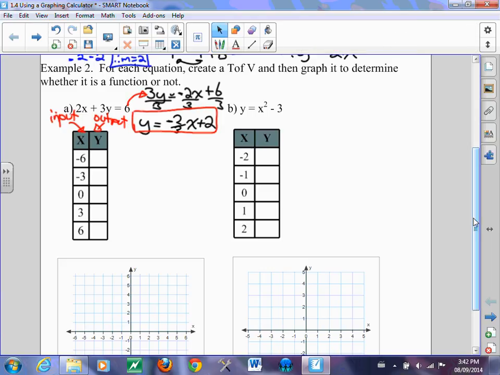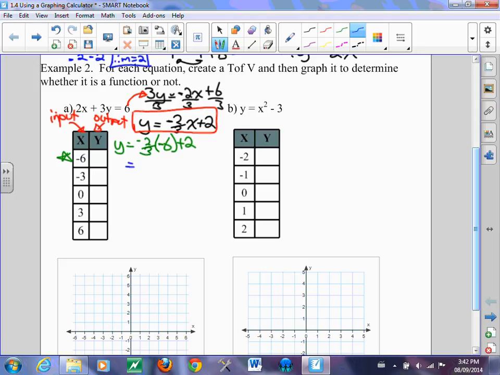So if I take a look at my first data that I'm going to try to enter in, I'm going to enter in a negative 6 for x. So it's going to be y equals negative 2/3 times negative 6 plus 2. Okay, you can use your calculator with your fraction button, or just use your mental math here to simplify this. Okay, I'm just going to erase that.